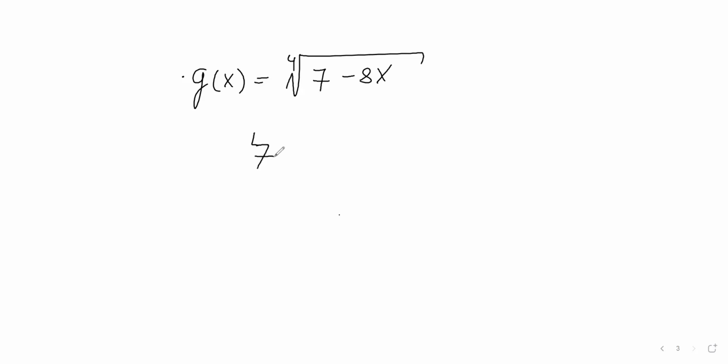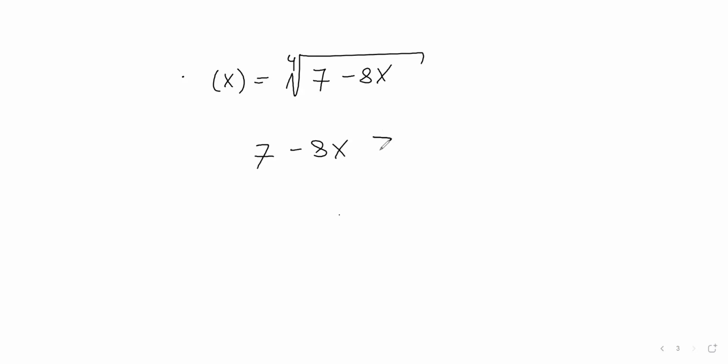What if you had g of x is the fourth root of 7 minus 8x? Well, I would take the number under the radical, which is 7 minus 8x.